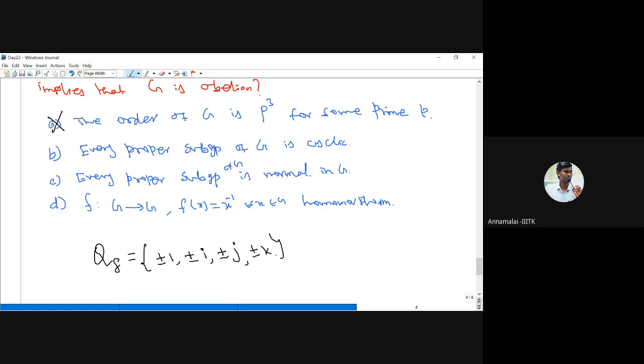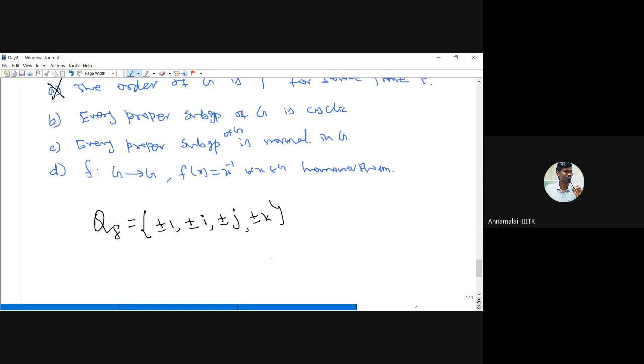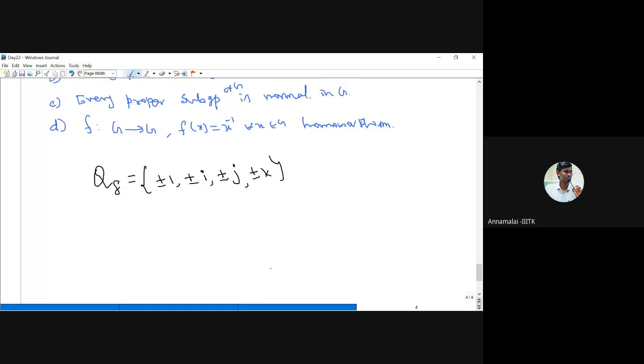Okay, it contains 8 elements. Here the identity element is 1. So the subgroups contain plus or minus 1 and plus or minus i. This is one subgroup. And then plus or minus 1 and plus or minus j is another subgroup, or plus or minus 1 and plus or minus k is another subgroup. So these are the proper subgroups.